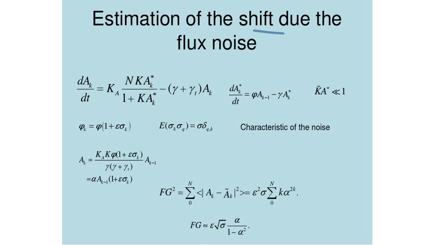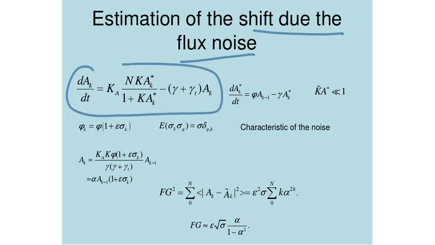So, estimation of the shift due to this flux noise. We go back to the same equation, with this being the flux. We assume here that Ka is less than 1, so we can neglect this part.